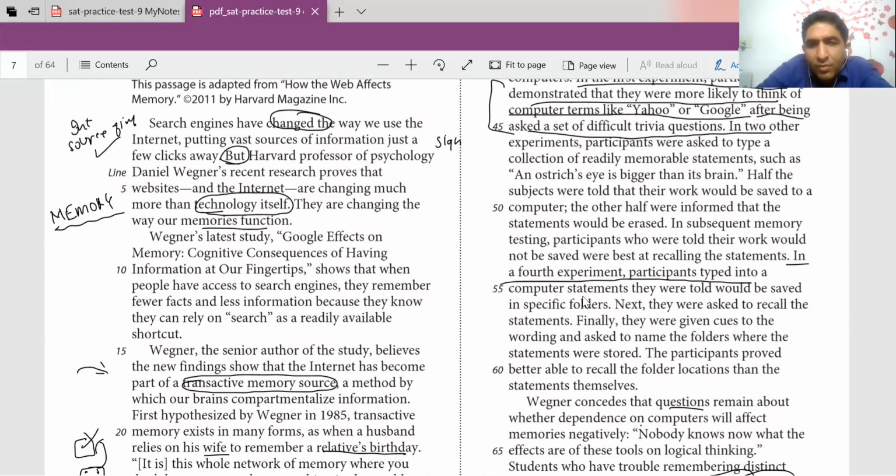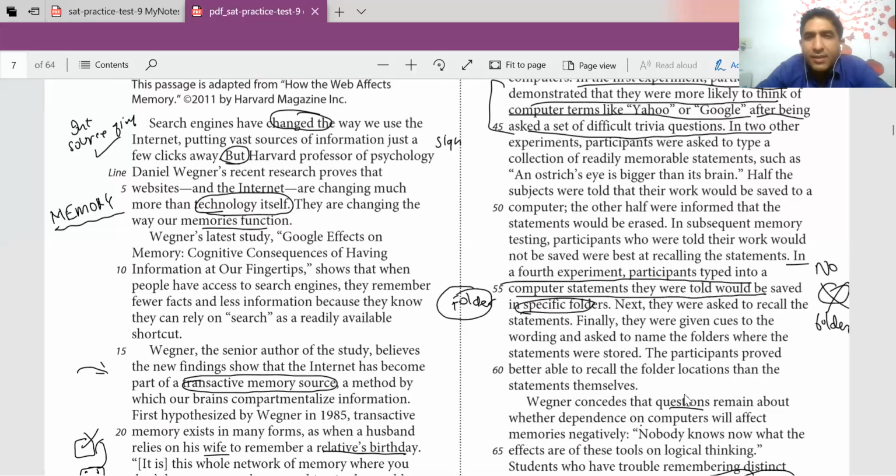Participants typed into a computer statements that they were told would be saved in a specific folder. Okay, so there were two situations. To one group they said that in this folder the information would be saved, and to the other people they said that there is no folder. It was found that the people who were told that there is no folder were remembering more, and some kind of graph was generated.